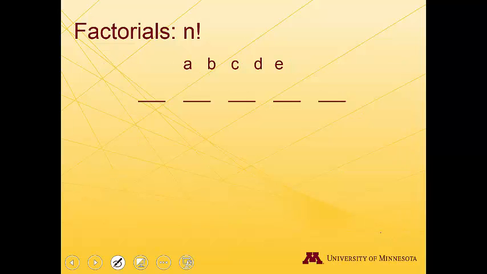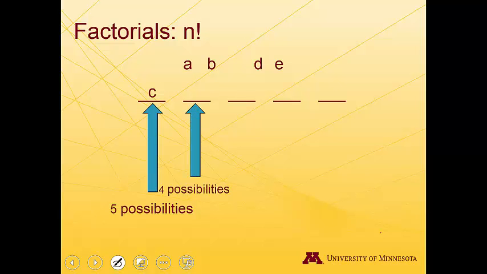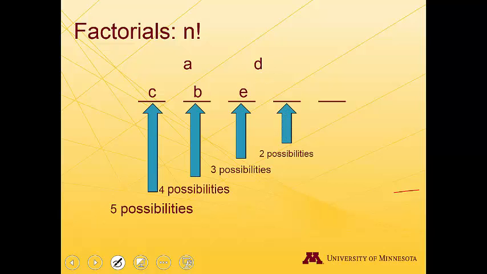Take a look at this. I've got 5 slots, 5 letters. There are 5 possibilities for which letter goes into the first spot. So I'll choose one. Now I have 4 slots and 4 letters left. 4 possibilities for letters that go into that slot. So I'll choose one. 3 possibilities. So I'll choose one. 2 possibilities.